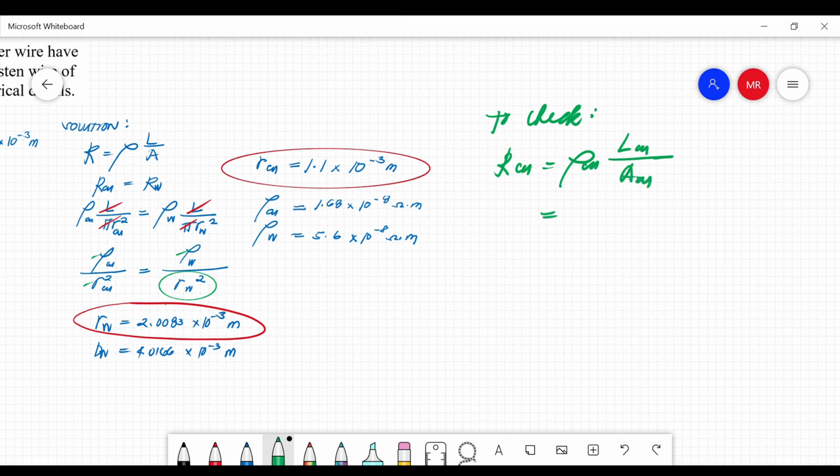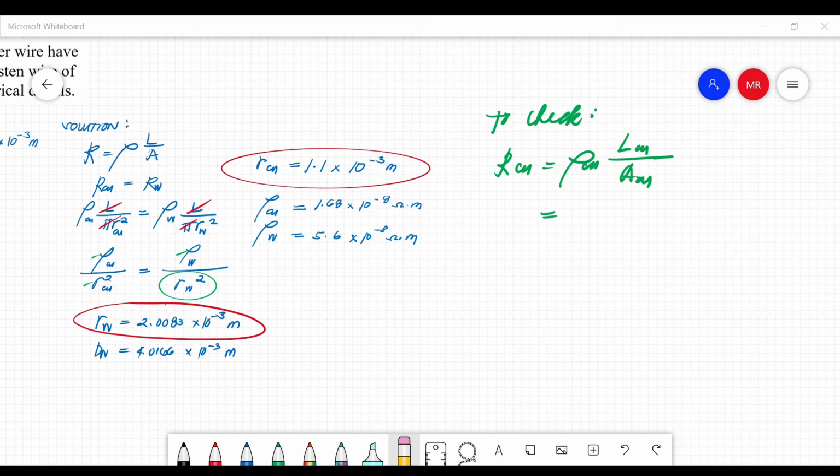The resistivity constant of copper is 1.68 times 10 raised to negative 8, multiplied by, let's say they have the same length according to the problem, 1 meter, over the cross-sectional area of the copper, pi r squared, with the radius of the copper being 1.1 times 10 raised to negative 3, squared.